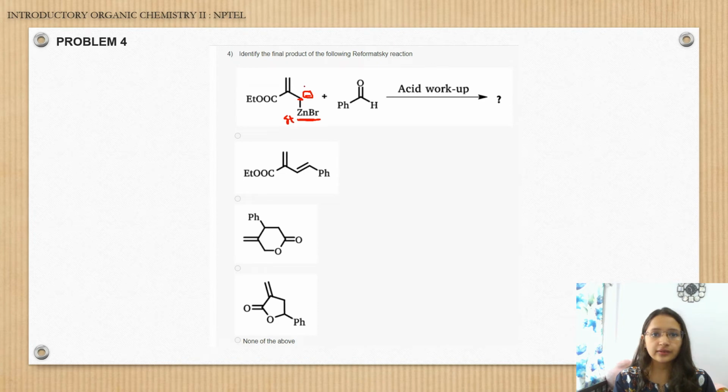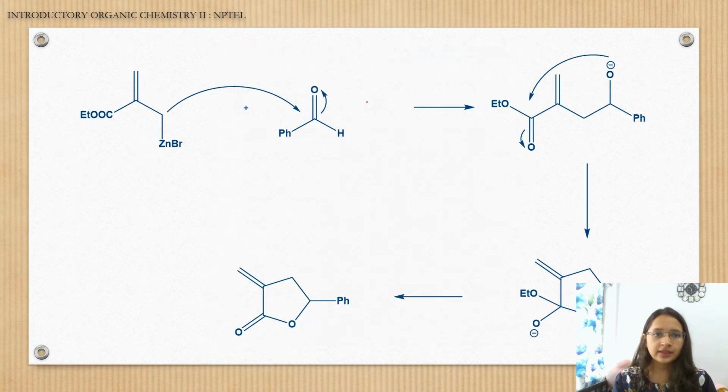Okay. So now they are telling us to treat it with this species. What happens here is that this anion will attack this particular aldehyde, benzaldehyde, and this tetrahedral species is getting generated.